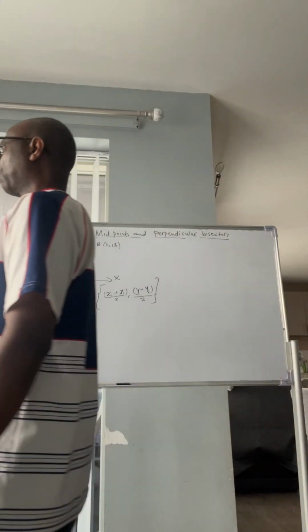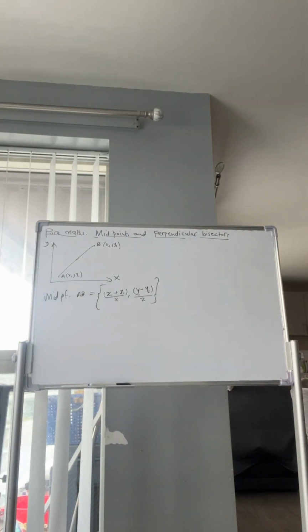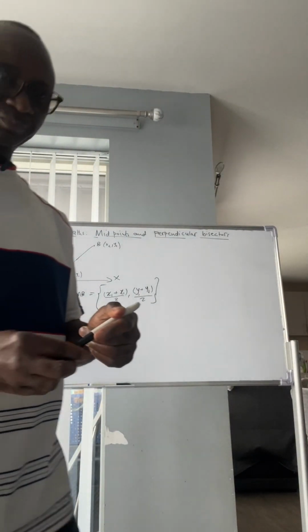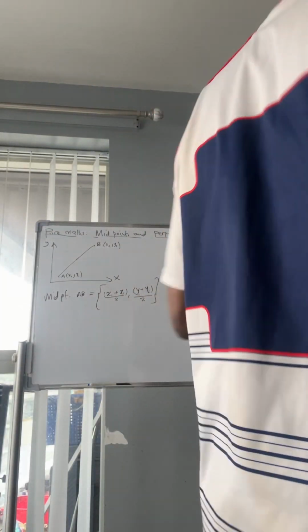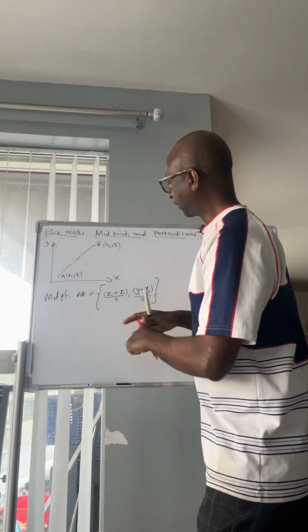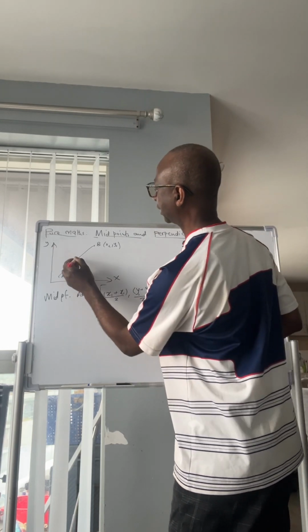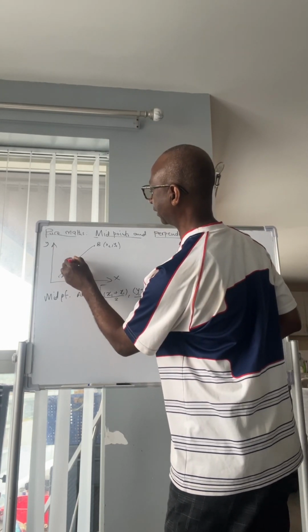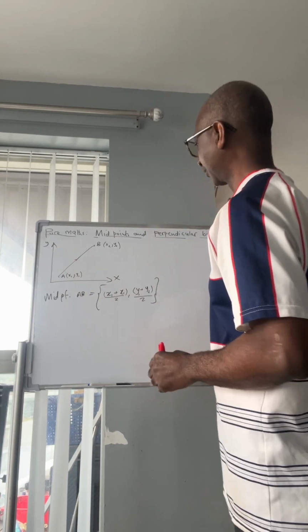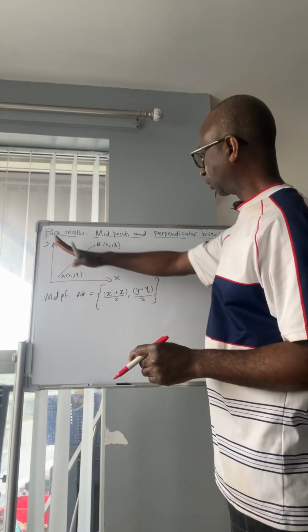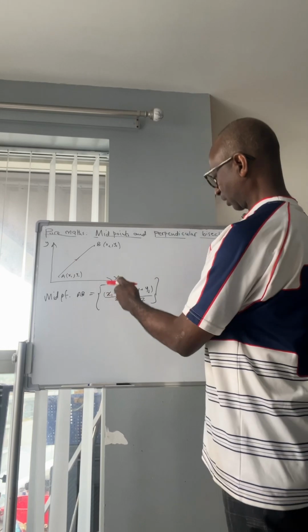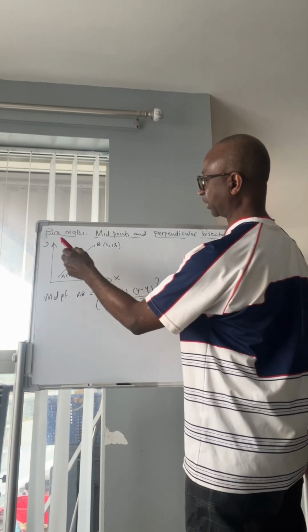So, what about the perpendicular bisector? Say now you have a line. You find your midpoint, say the position of this point is here, for example. Then you want to find the perpendicular bisector of a line that passes through this point.